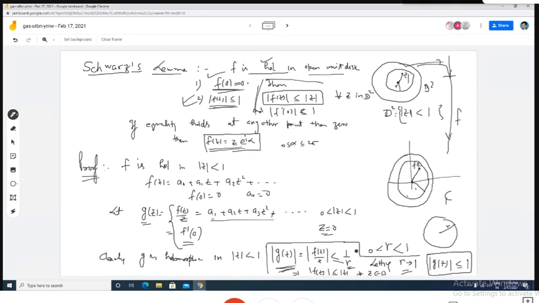So modulus of g(z) is simply modulus of f(z) upon modulus of z, and this being less than or equal to 1 means modulus of f(z) is less than or equal to modulus of z. And what is your g(0)? This g(0) is nothing but f'(0), and because modulus of g(0) is less than or equal to 1, modulus of f'(0) is also less than or equal to 1.